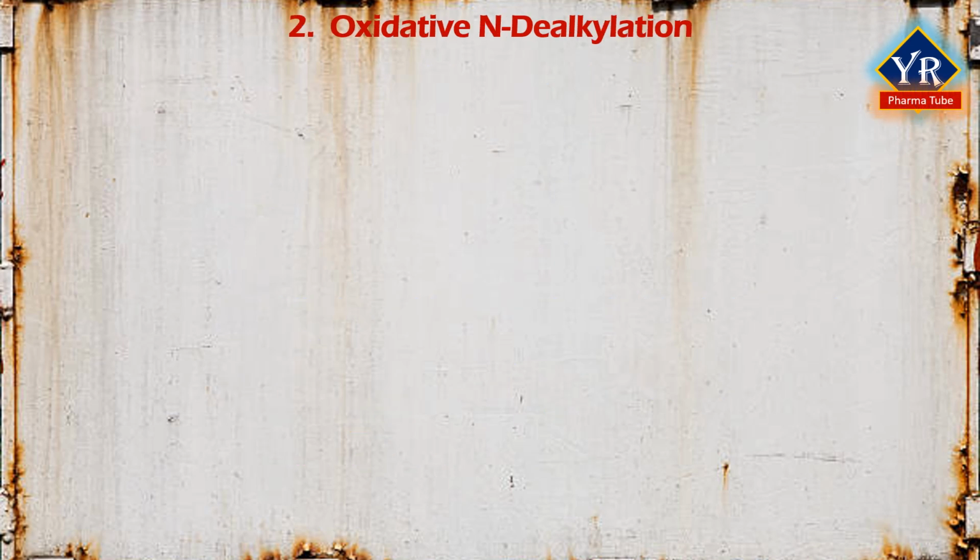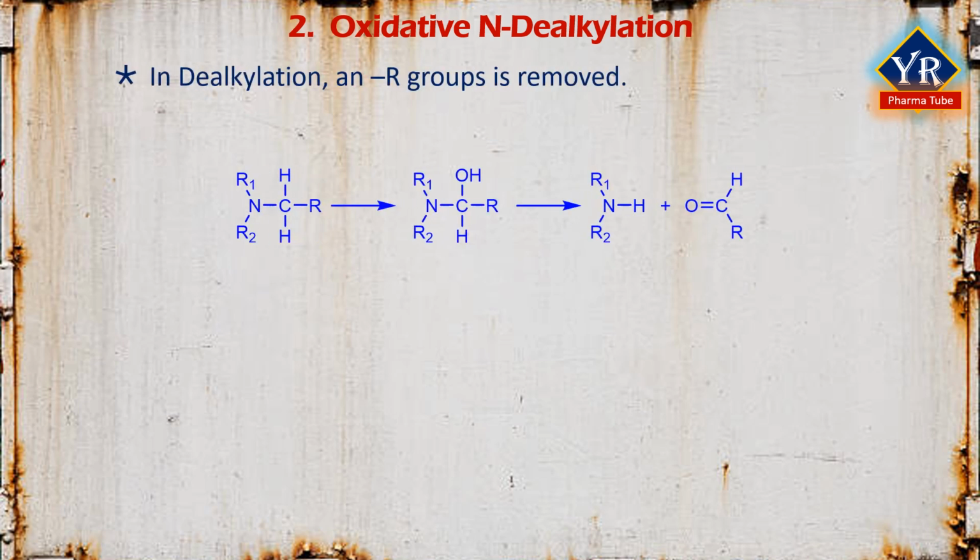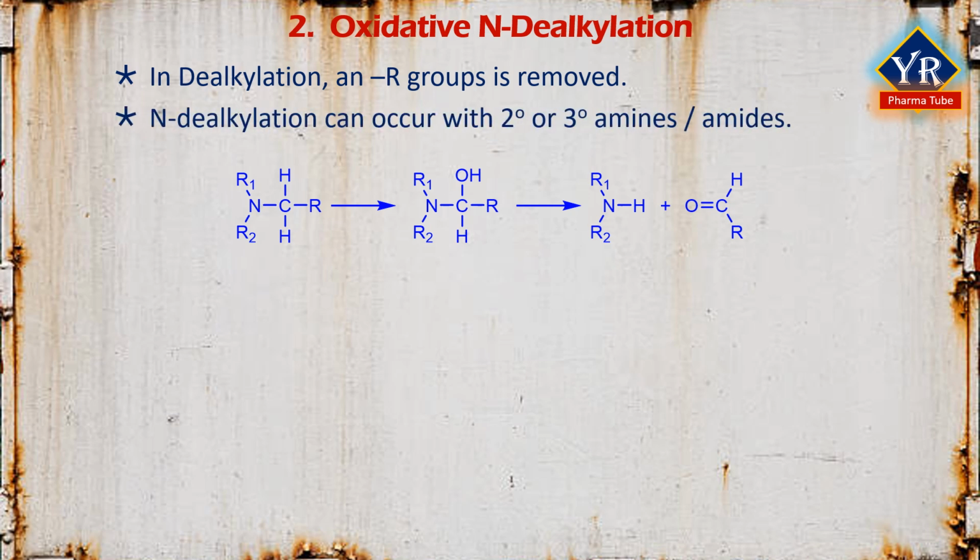Number 2. Oxidative N-dealkylation. Dealkylation is a chemical process in which an alkyl functionality is removed from a drug molecule. This metabolic biotransformation can occur with secondary or tertiary amines or amides.